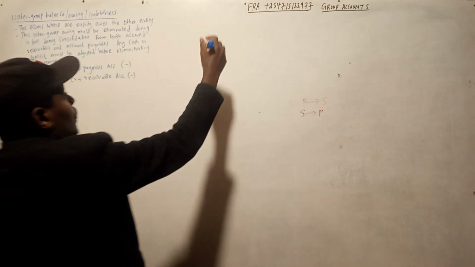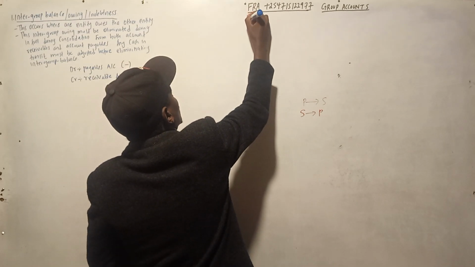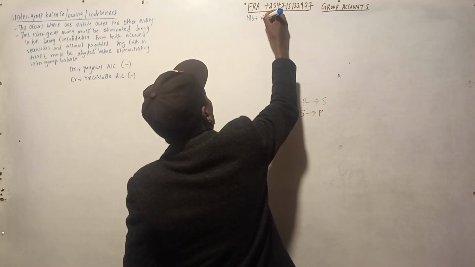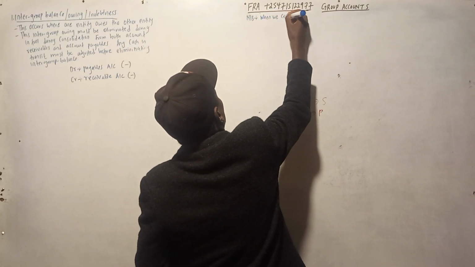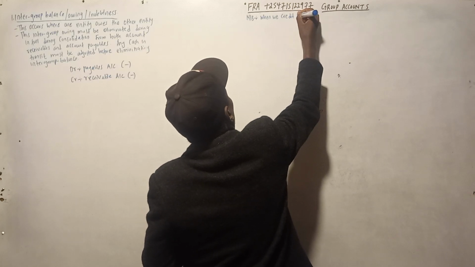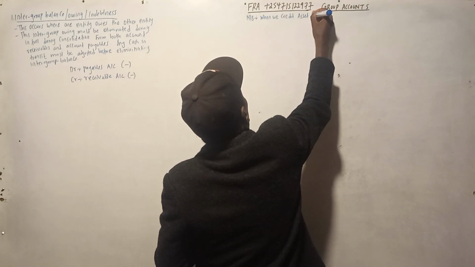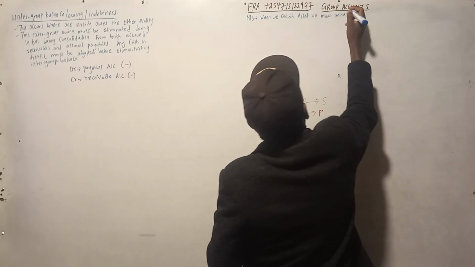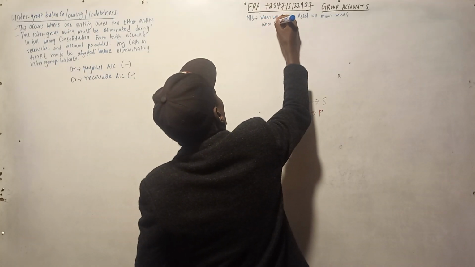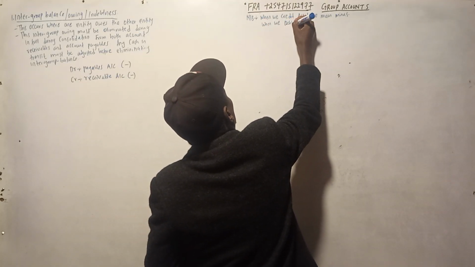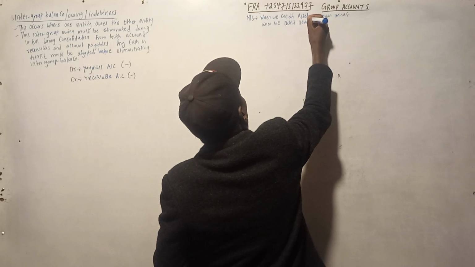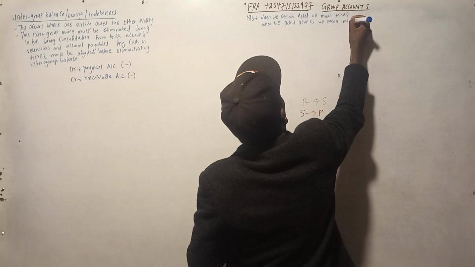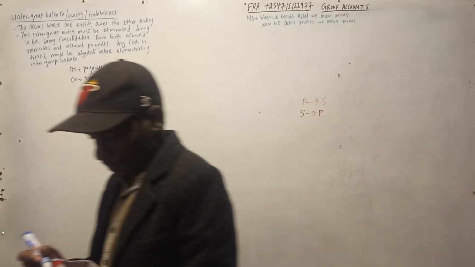Let me put it somewhere here. NB, this one is for you to remember. So when we credit an asset, we mean minus, and when we debit liabilities, we mean minus, and the opposite is the same.